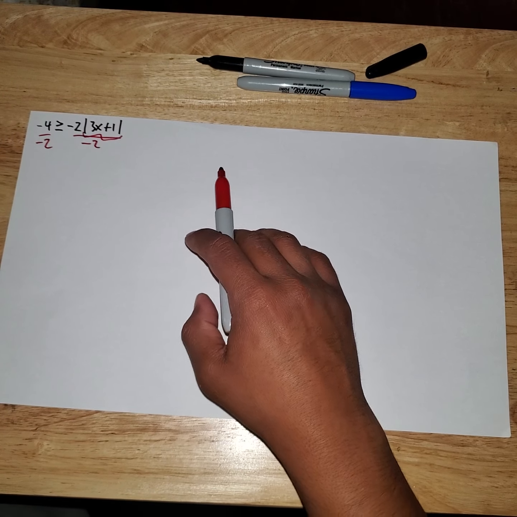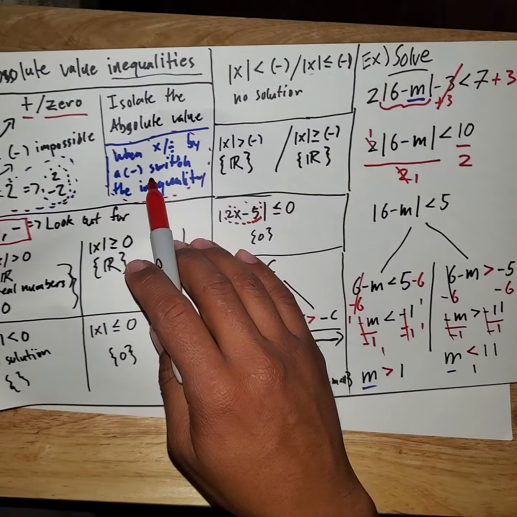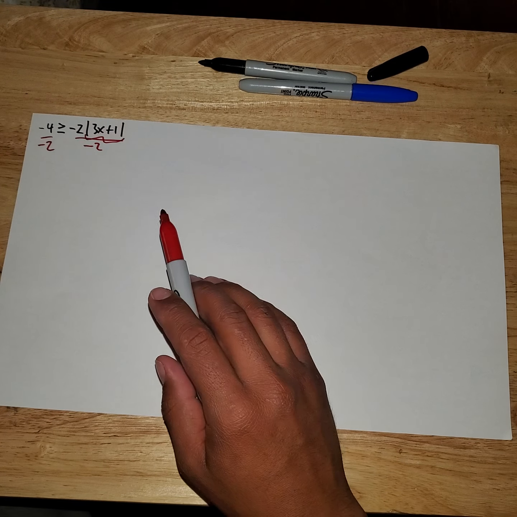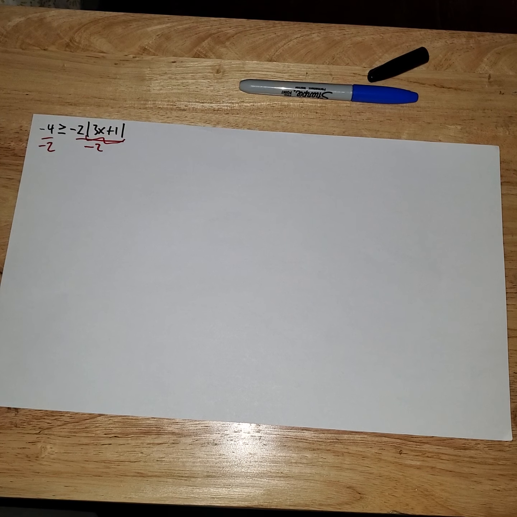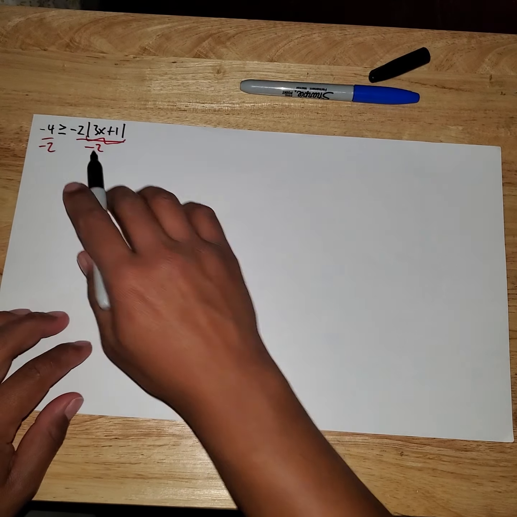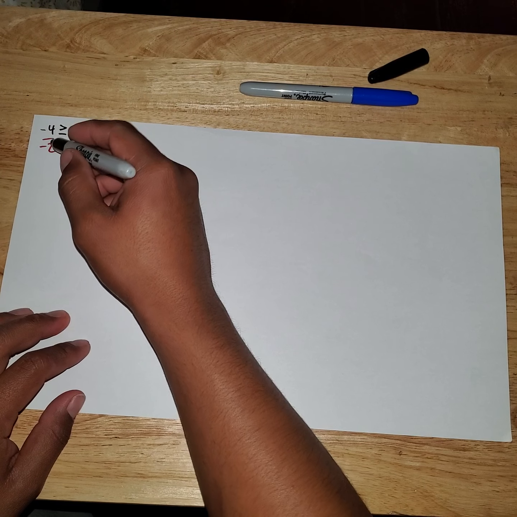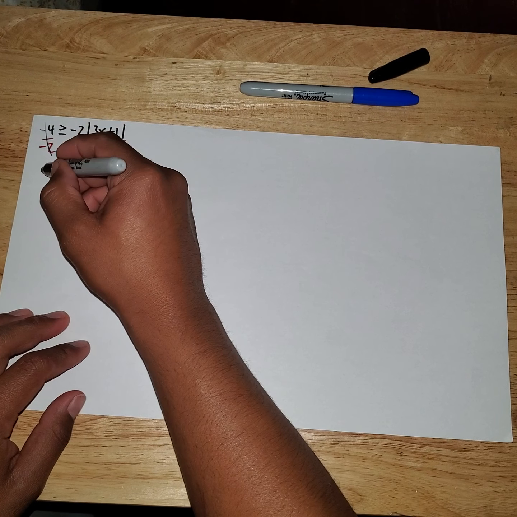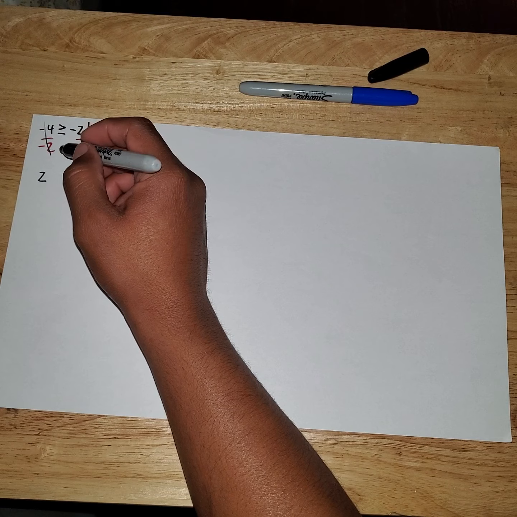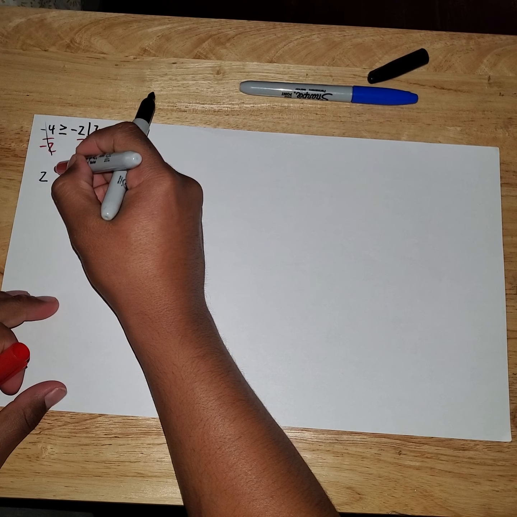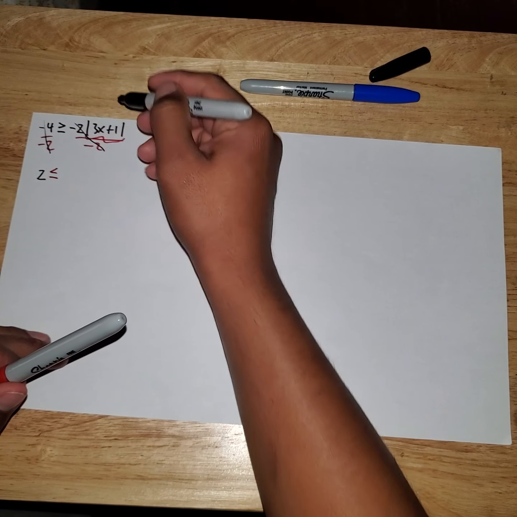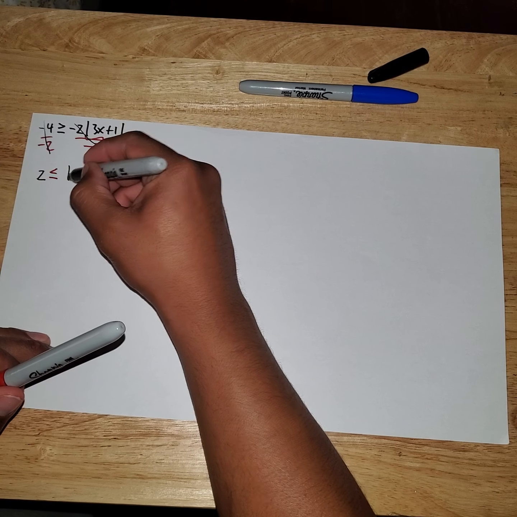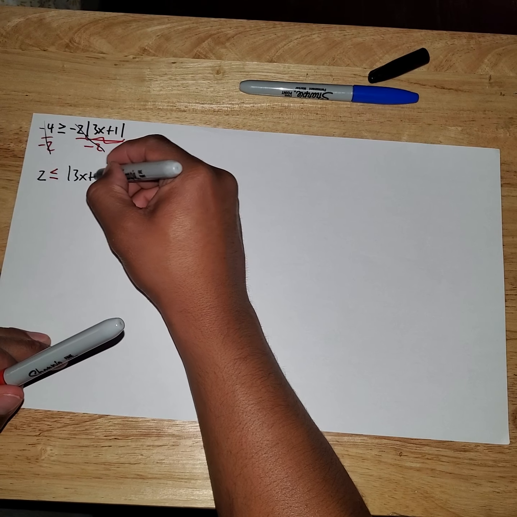But remember, when you're dividing or multiplying by a negative, you have to switch your inequality. We haven't even isolated yet to try to switch the inequality. This is just because you're dividing by a negative. This is going to simplify to +2. This is going to switch to less than or equal to, and this is going to simplify to just absolute value of 3x plus 1.